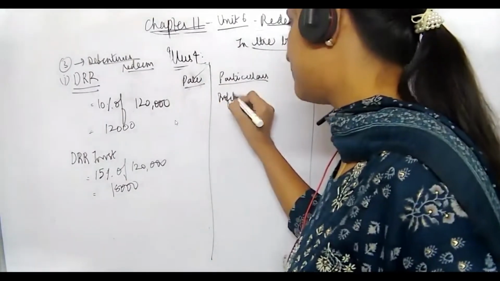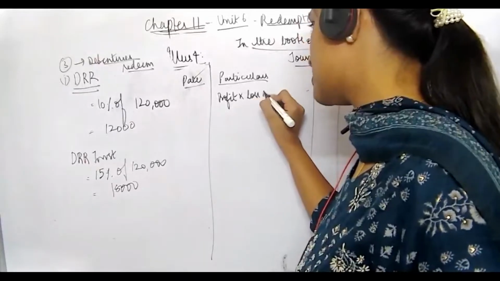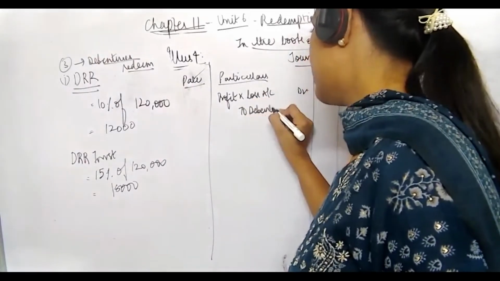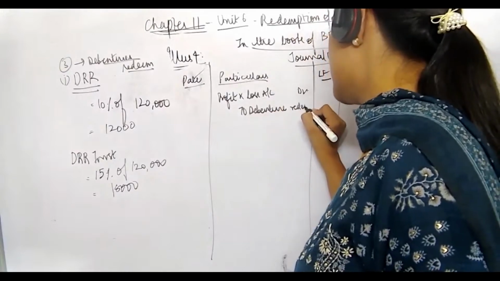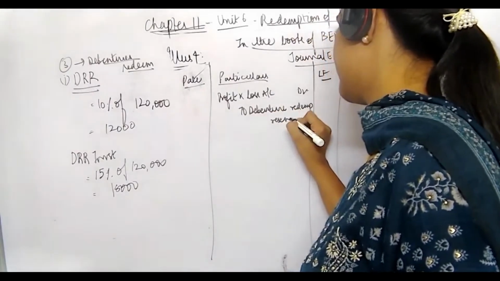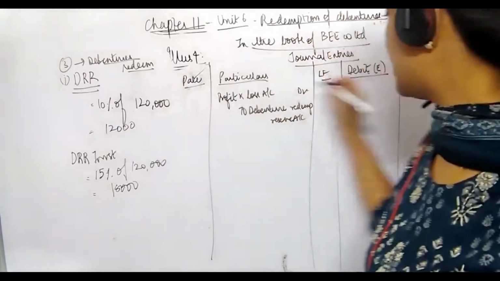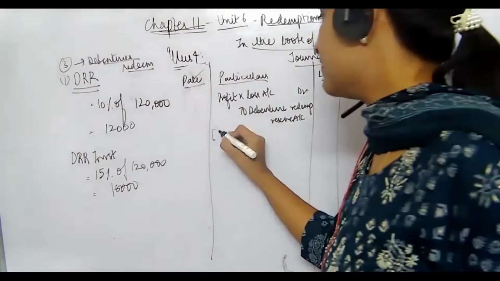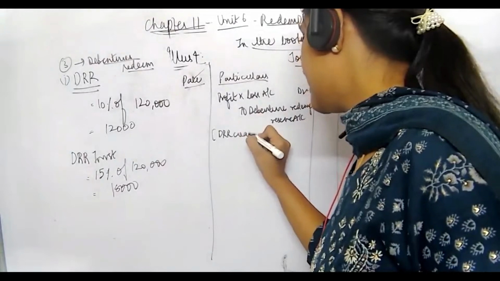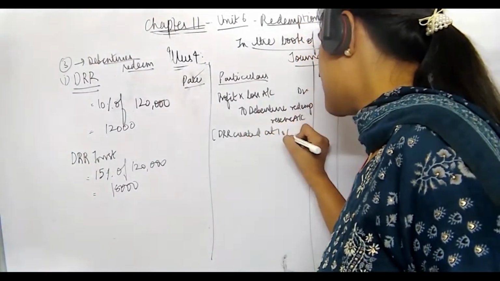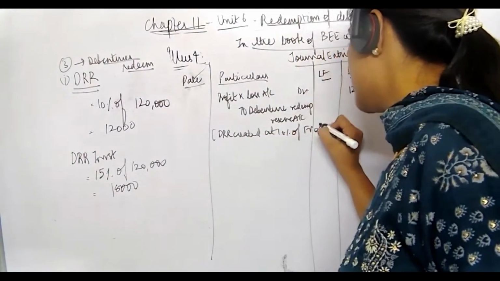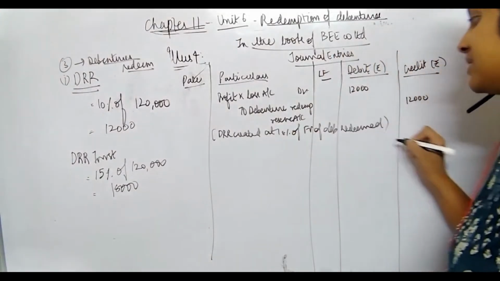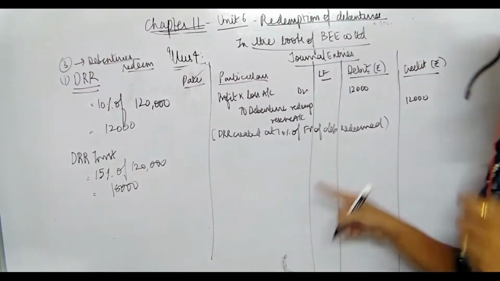So here we have profit and loss account debit to debenture redemption reserve. Okay, so how much is the value? 12,000. So the DRR created at 10% of the face value of debentures redeemed. In the narration, it is very important that you mention this and you write this.